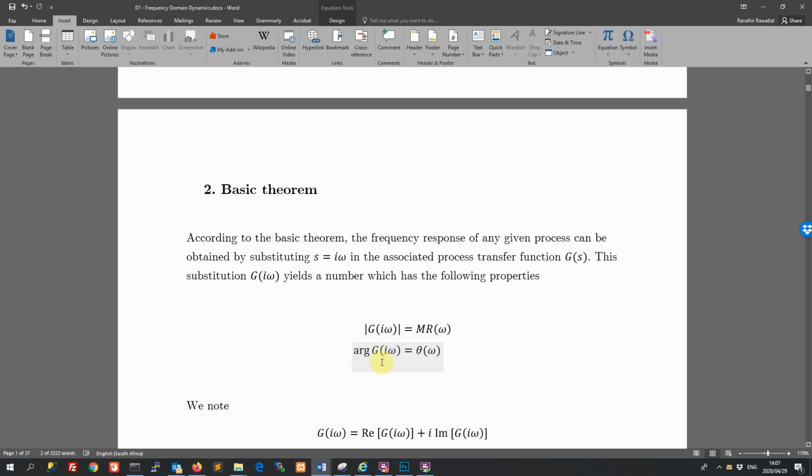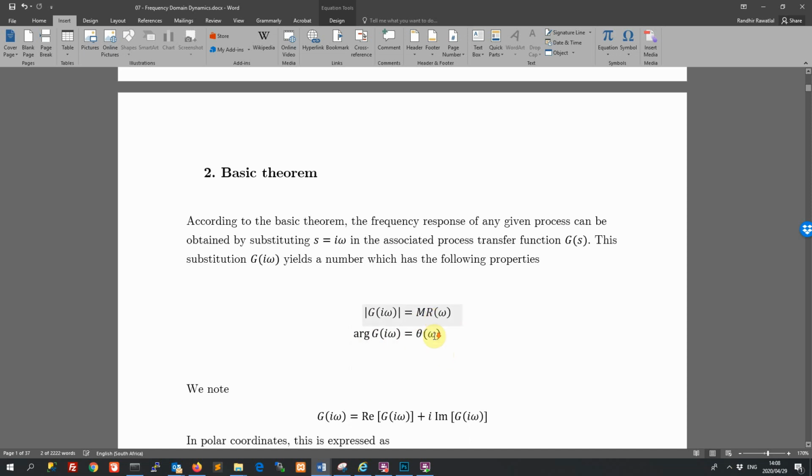And then if we work out the angle for that complex number, so if we take the imaginary part as the y value and the real part for the x value, then the angle that makes is given by arg. And it turns out that that angle will be the phase angle in our response. And this is a tremendously useful relationship. And so we need to prove how this could be true, and then we'll go on to using it.